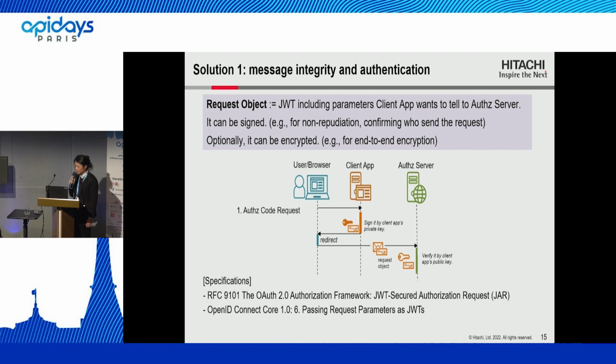This request object is a JSON Web Token, JWT, that can include the contents of the authorization request. It can be signed and optionally it can be encrypted.